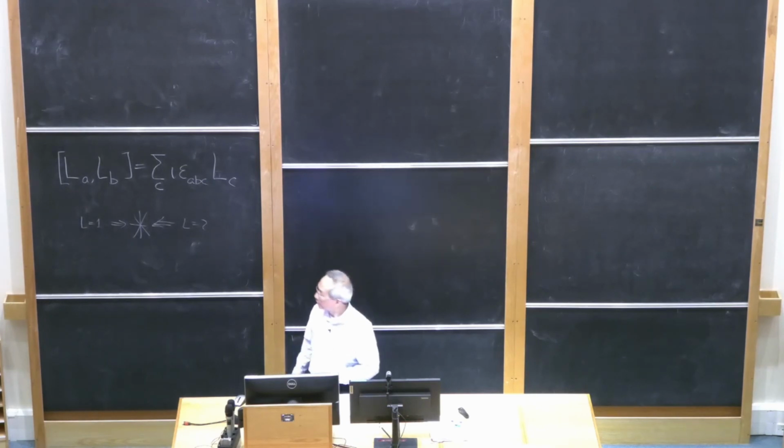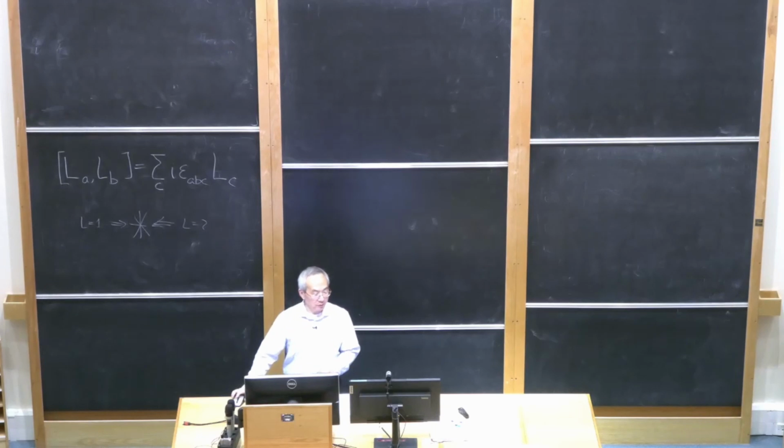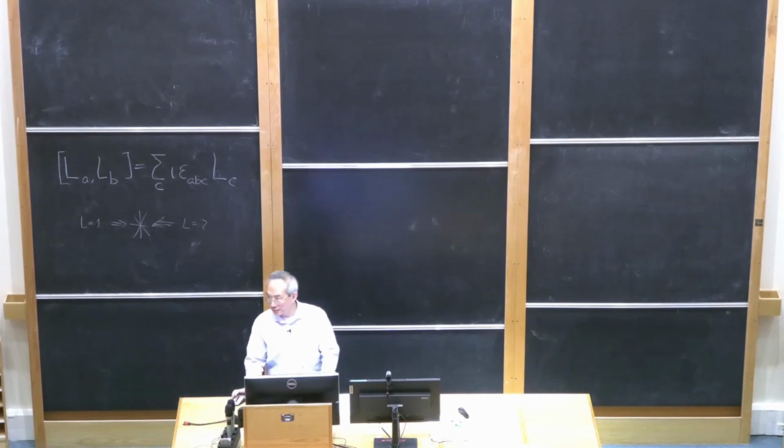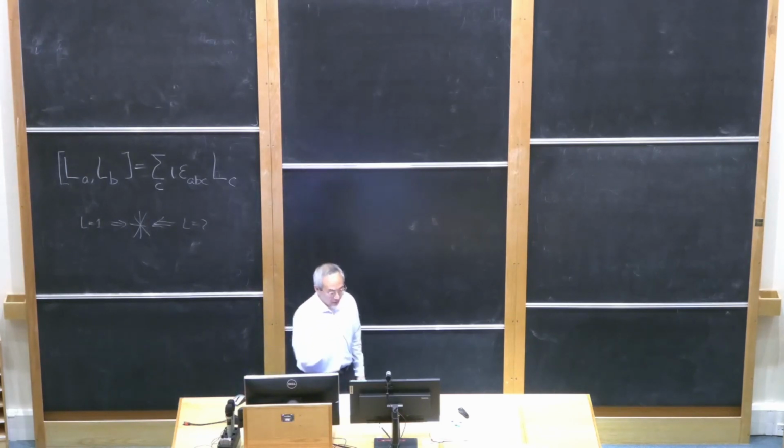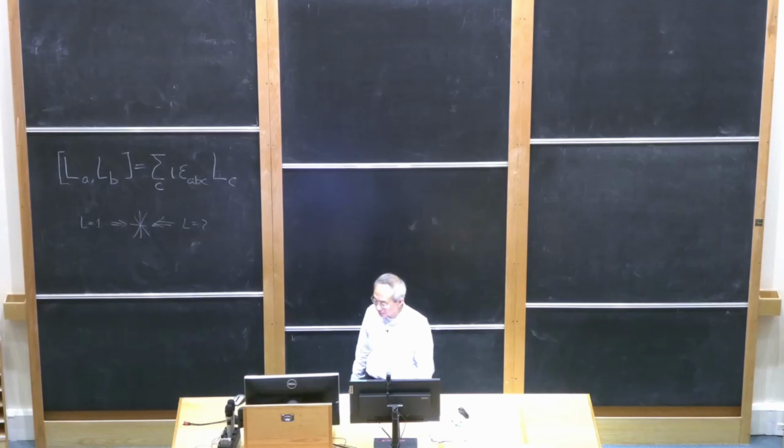Now, I should point out that we did neglect something. In that diagram of spherical harmonics, I was only looking at integral L values, so 0, 1, 2, and so forth. And of course, there are these other half-integer things, and you might be wondering how that fits into this whole picture.